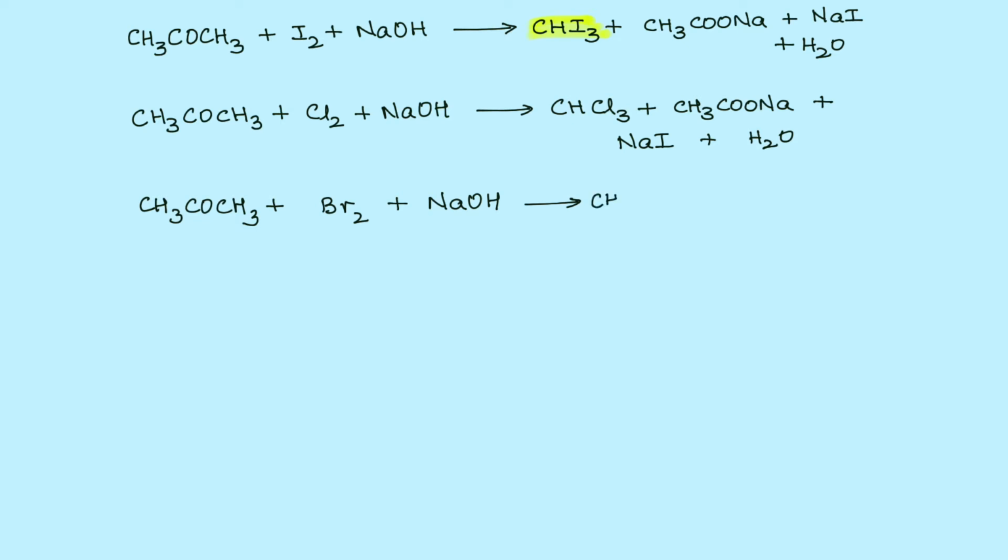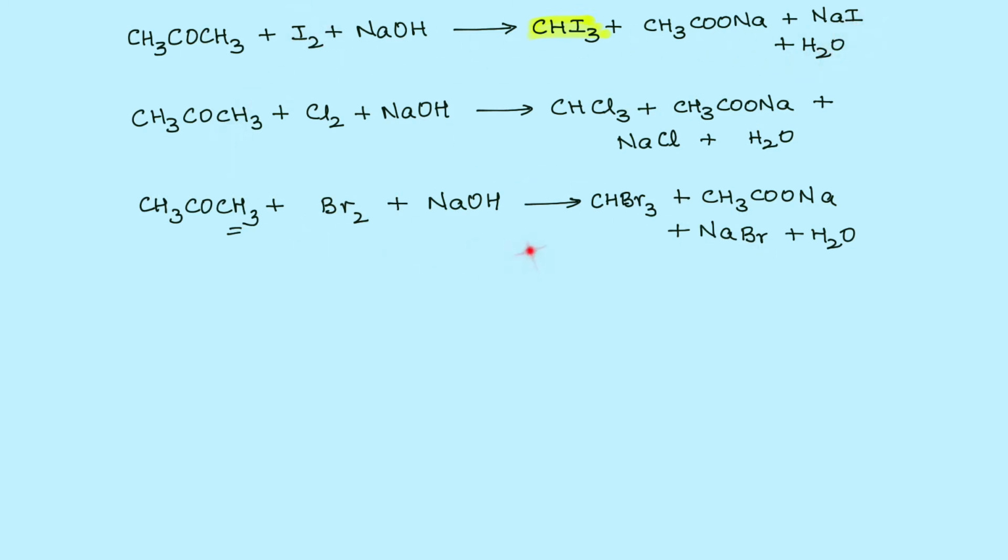So this will give me CHBr3 plus CH3COONa plus NaBr plus water. Oh, I made a mistake over there. What's the mistake that I've done? Instead of NaBr, what product will be formed over here? NaCl. Just like here, we are taking bromine, so we are getting NaBr. Here we took iodine, so we got NaI.